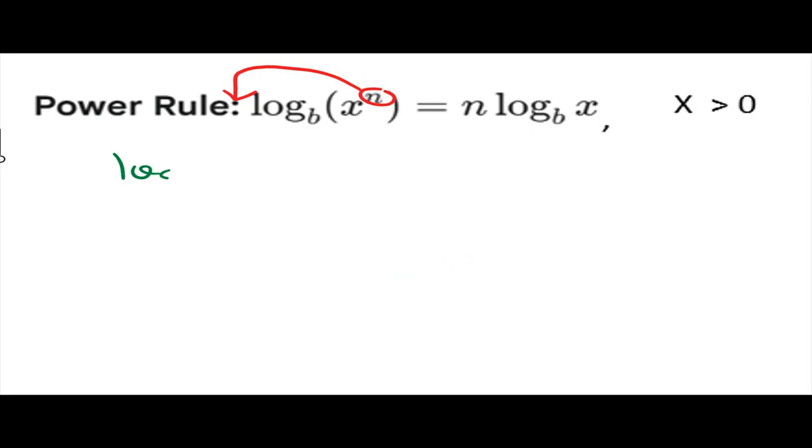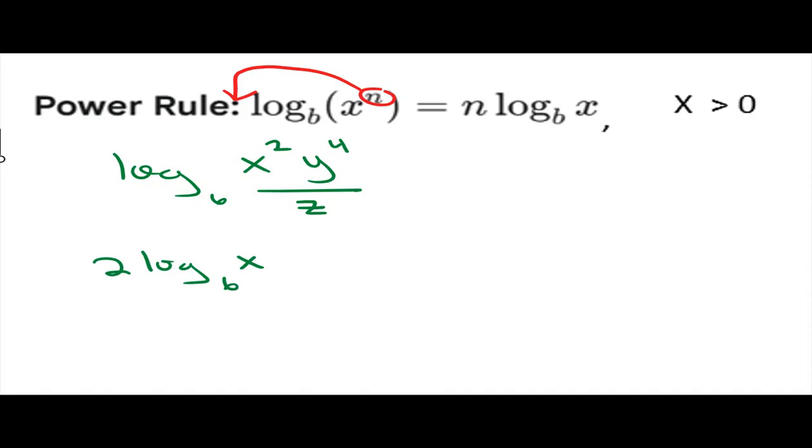So say we have log base 6, and over here let's say we have x squared y to the 4th over z. If I were to expand this, we're using multiple rules now. So when I expand this, this would be 2 log base 6 of x.